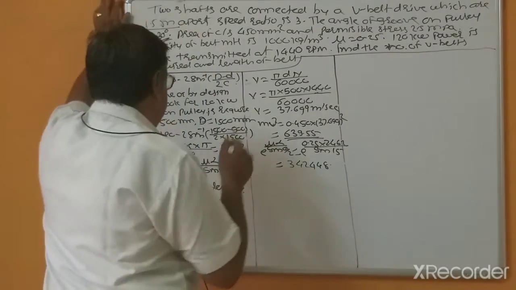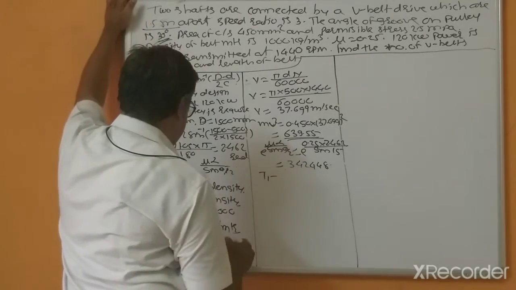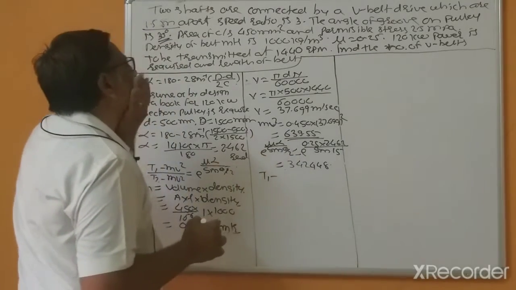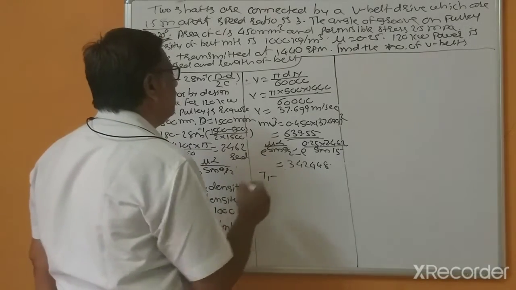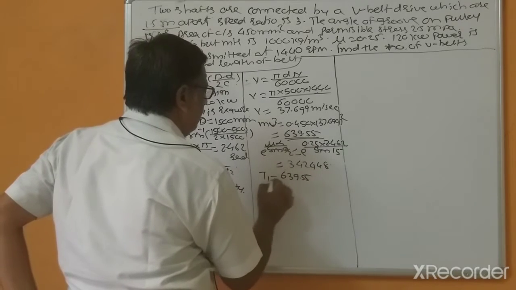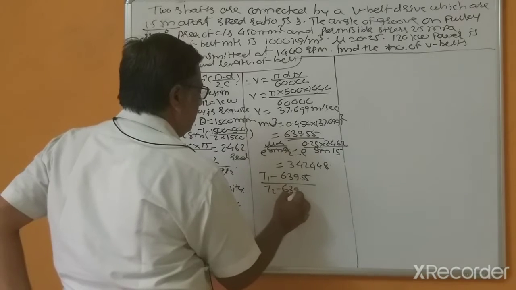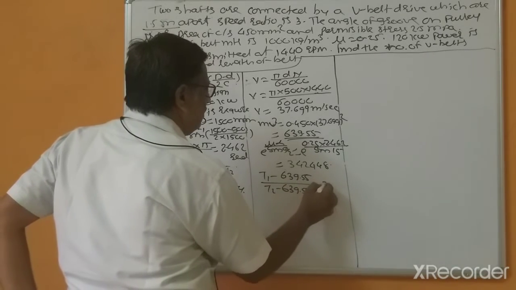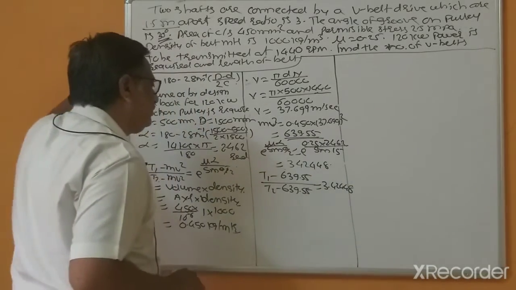So that's why (T1 minus mv squared) equal to 639.55 and (T2 minus 639.55) equal to 3.42448.